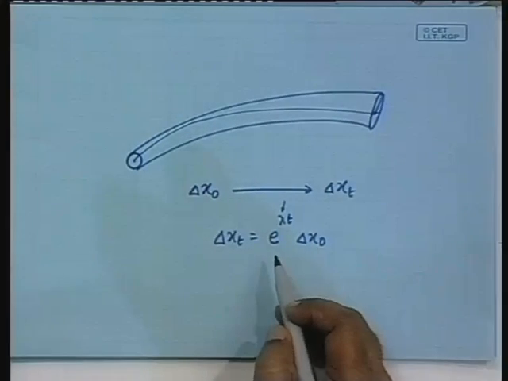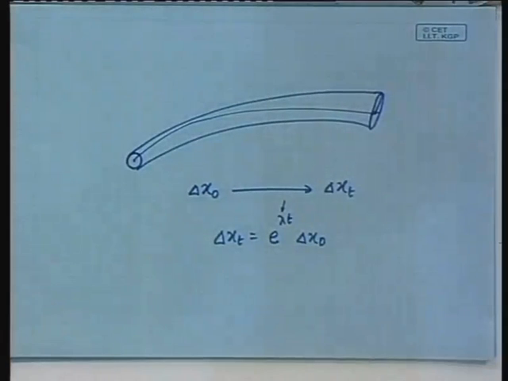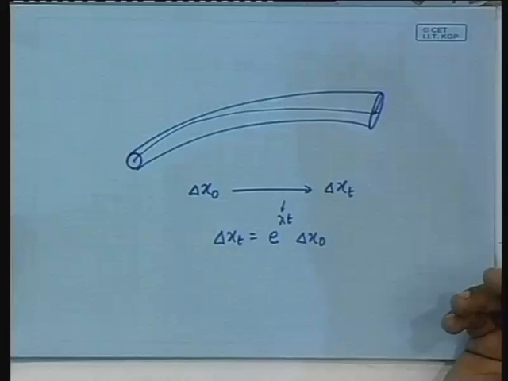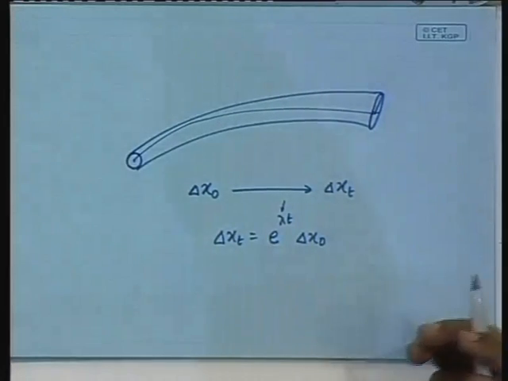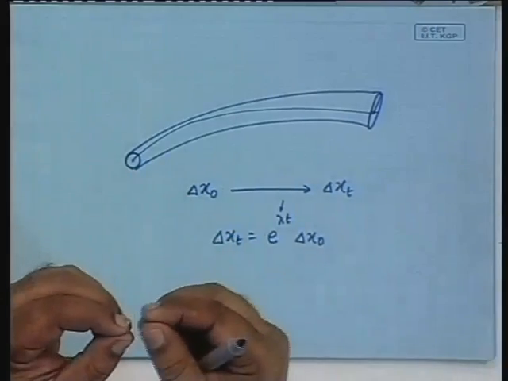You might argue quite logically that there is no guarantee that it really increases exponentially. Yes, it may not really increase exponentially, but nevertheless, if at every point you assume there is a local linear representation, then in that local linear neighborhood, if there are two real eigenvalues, the immediate evolution will be in terms of e to the power lambda t, and then here again e to the power lambda t, and here again e to the power lambda t.